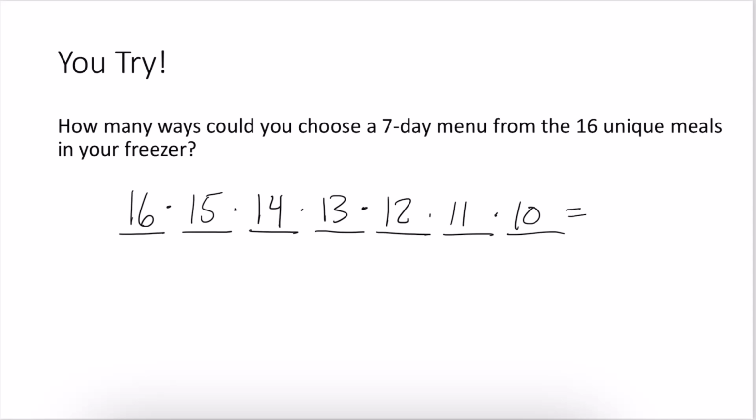I think that's 57,657,600 possible ways that you could choose a 7-day menu from the 16 meals in your freezer. And the formula form of this would be 16 to the 7 falling, because we had 16 multiplied by, there were 7 numbers total multiplied, and they started at 16 and then counted down from there. So that's how you would do that one.